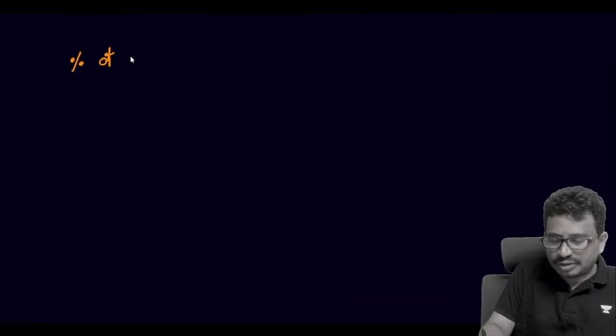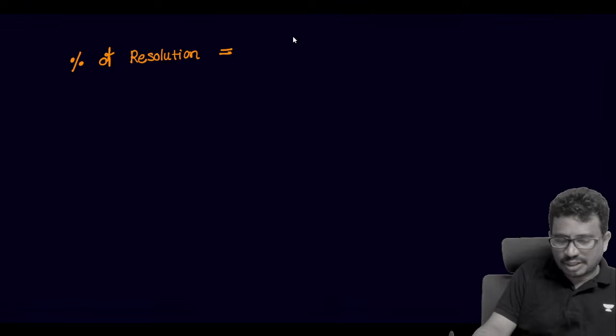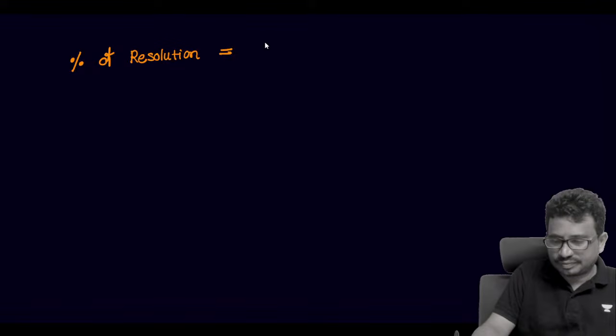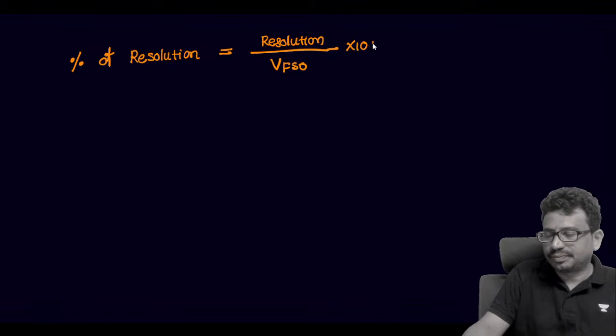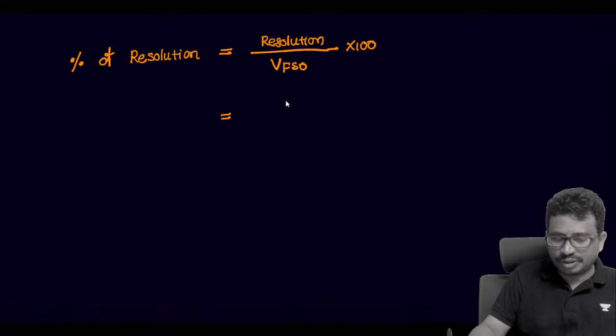Next, percentage of resolution. Percentage of resolution is given as resolution divided by full scale output, into 100. And what is the full scale output?